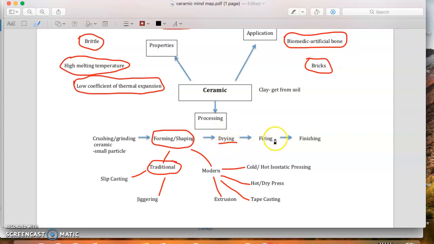And then next is firing. Firing is the same process as in powder metallurgy. The objective is to increase the strength of the product. Okay, so I hope you can differentiate between ceramic processing and powder metallurgy. The processes look the same, but there is a little bit of difference.